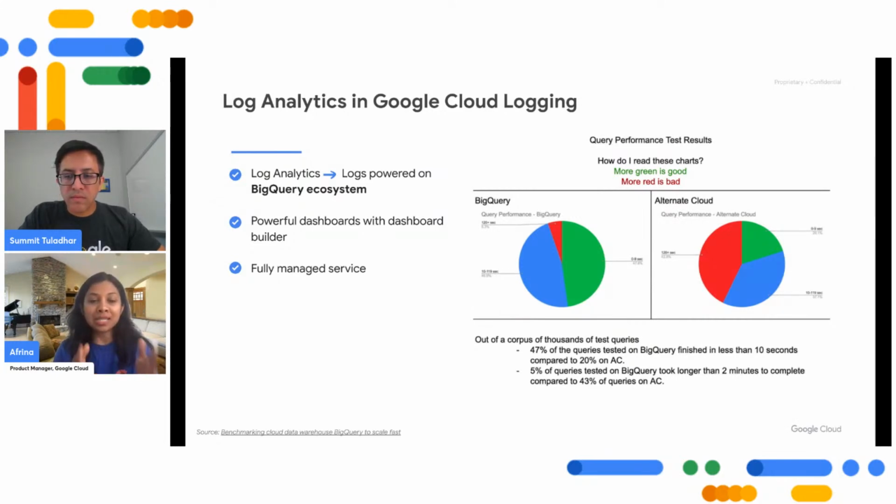Here, in this slide, I have a chart on the right side, right? It was published by a media company, and they were experimenting on the query performance that was run on BigQuery versus an alternative cloud. As a result of their experimentation, they found that the query performance is much better in BigQuery, and they found about 47% of the queries took less than 9 seconds to execute, which is pretty amazing, right?